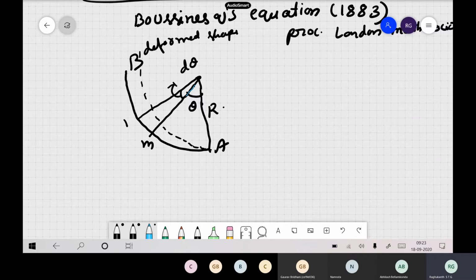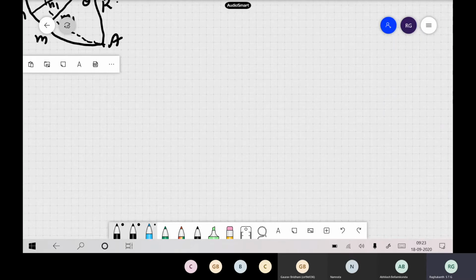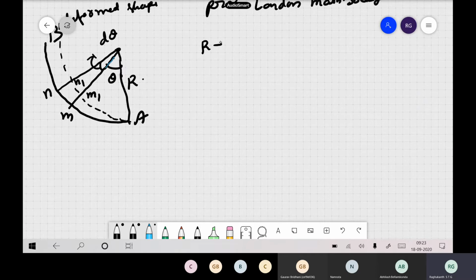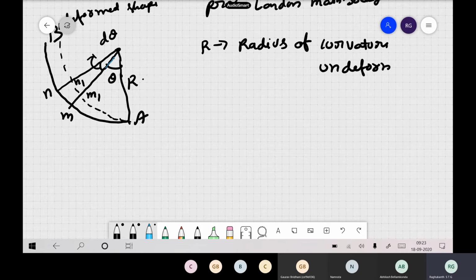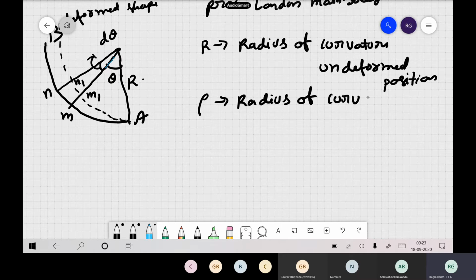If I take any point, say mn, this point has moved to m1 n1 because of the deformation. Now R is the radius of curvature in the undeformed position, and let us denote rho as the radius of curvature in the deformed position. So two radii of curvature are there.